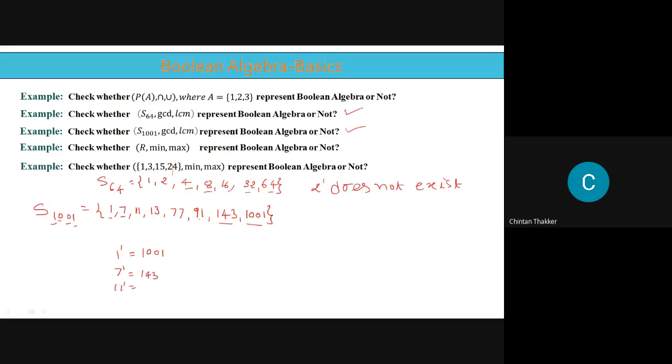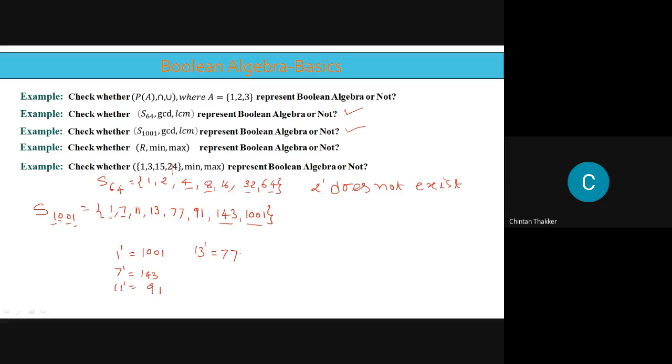Okay, we got 91. So the GCD of 11 and 91 is 1, the LCM is 1001, so 11 dash is 91. In a similar way, 13 dash is 77, and vice versa: 77 dash is 13, 91 dash is 11, 143 dash is 7, and 1001 dash is 1.